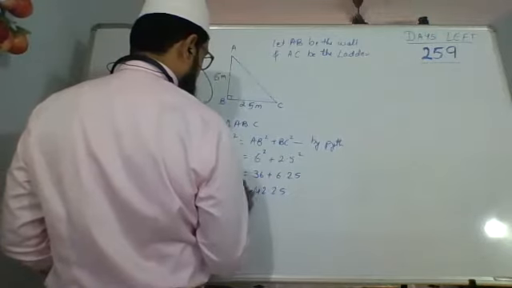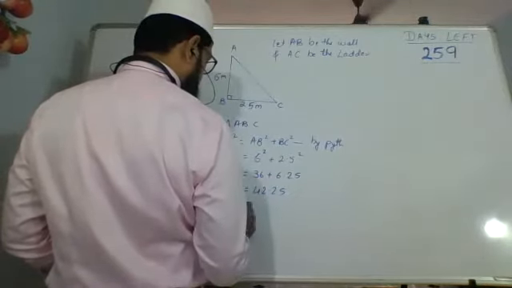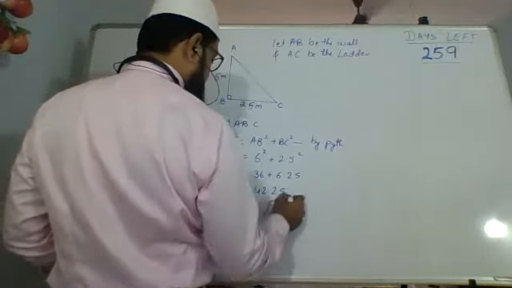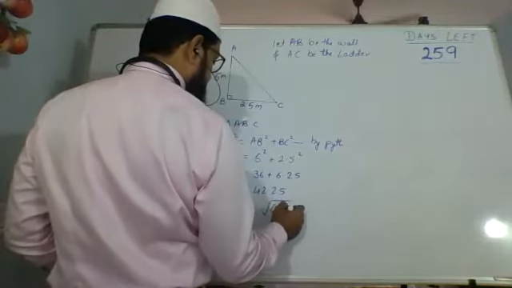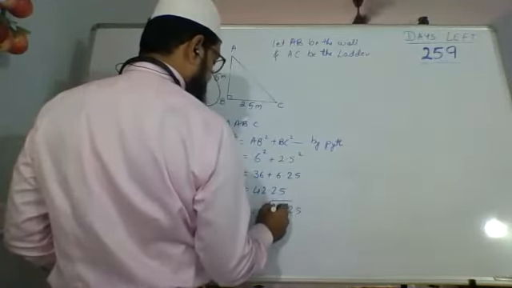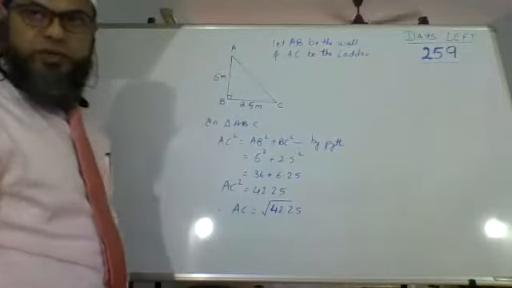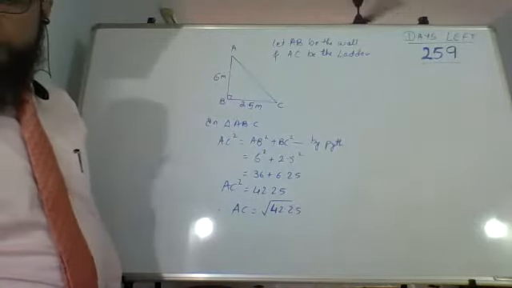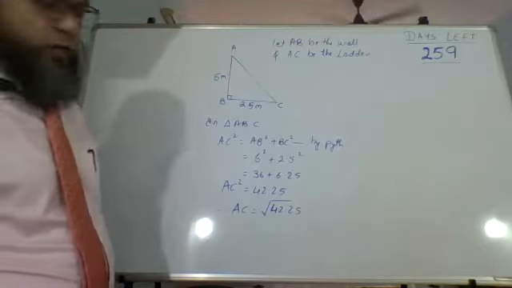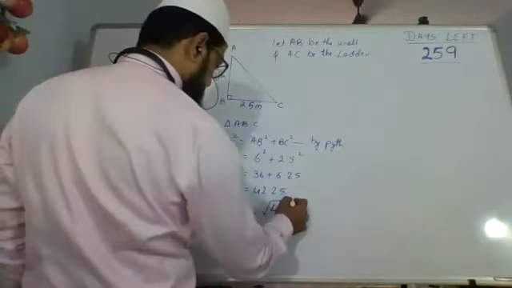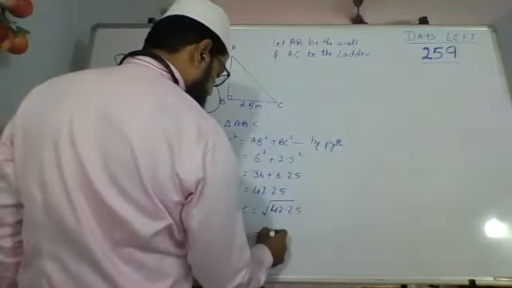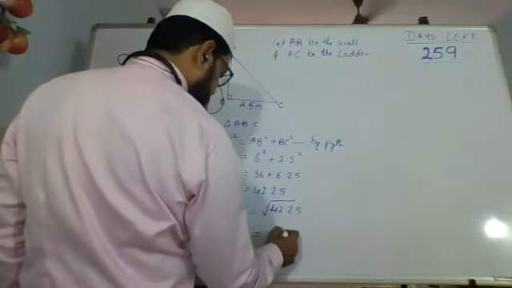That is AC square. Therefore, AC equals under root 42.25, which is nothing but 6.5.